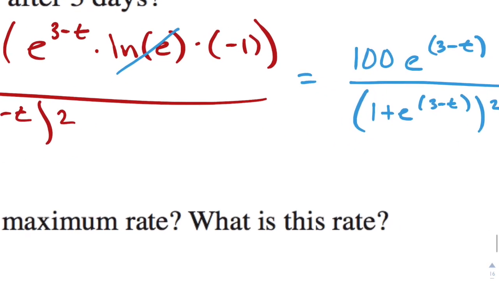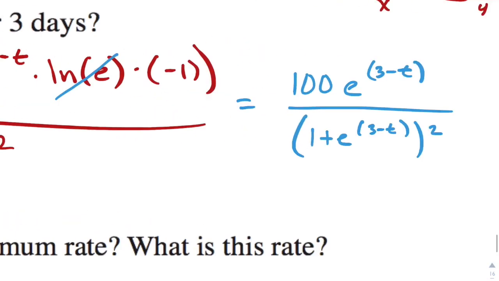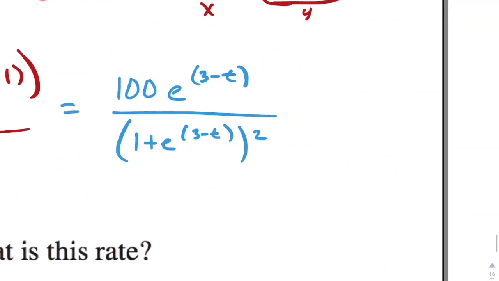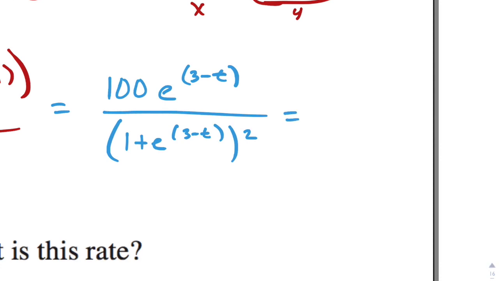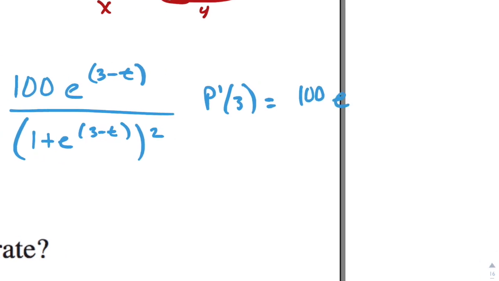Now we're going to evaluate dP/dt at the number 3. Is that what they wanted? After 3 days. So we're going to evaluate this at 3. Let's just call it P prime at 3. It's going to be 100 times e to the 0 over 1 plus e to the 0, squared.